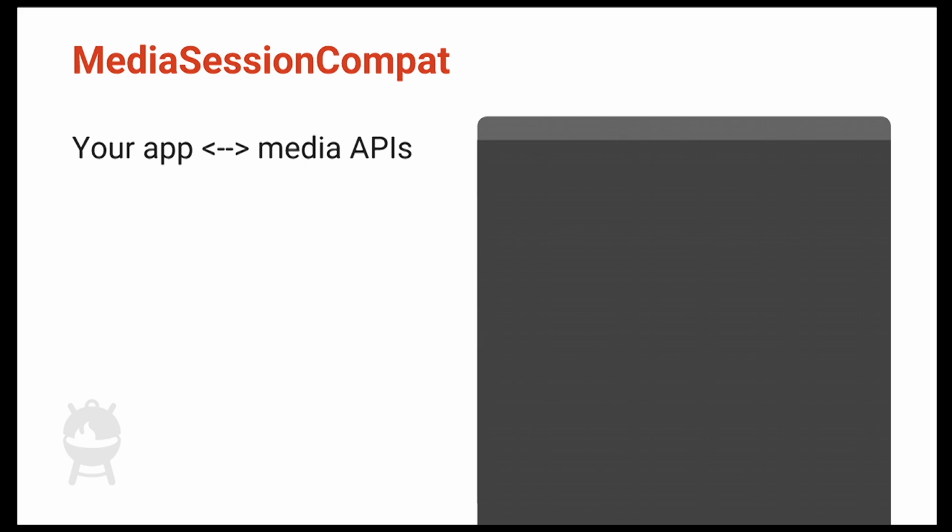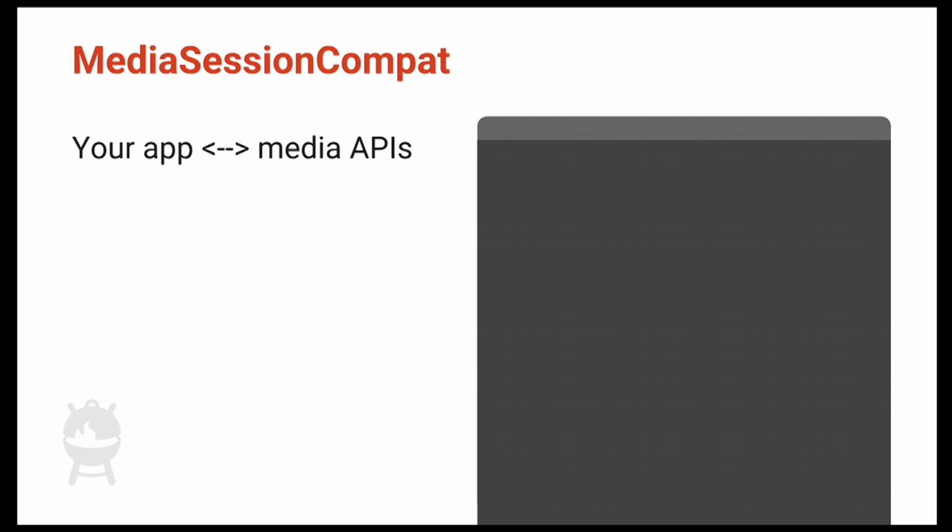So that is one of many things that MediaSessionCompat gives you. Now, MediaSessionCompat does a lot. It's actually based on a Lollipop addition called MediaSession, funnily enough. And it's our entry point between our media app and all of the media framework APIs.